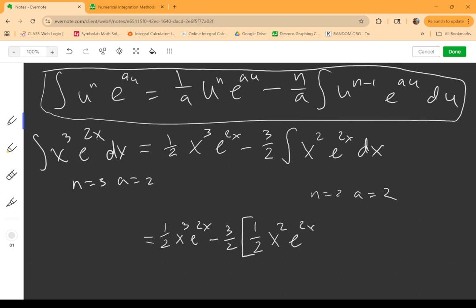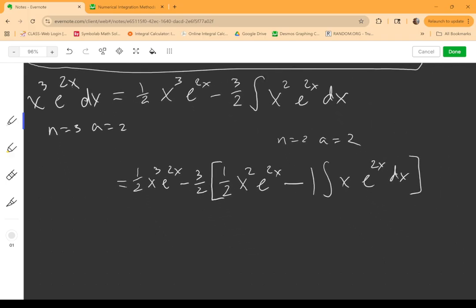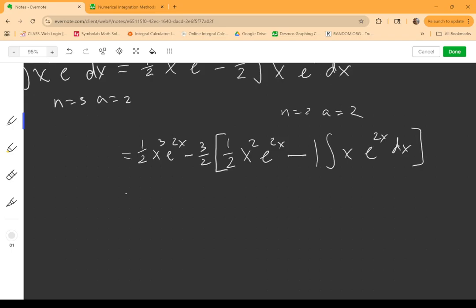e to the 2x minus n over a, in this case 1, and then the integral of, now we drop it down by a power, x to the first power and e to the 2x dx. And again, we can still go further here, where now n is 1 and my a is still 2. So these other parts remain the same.